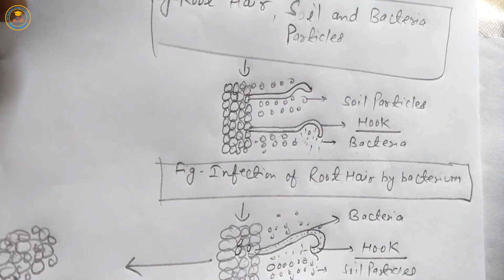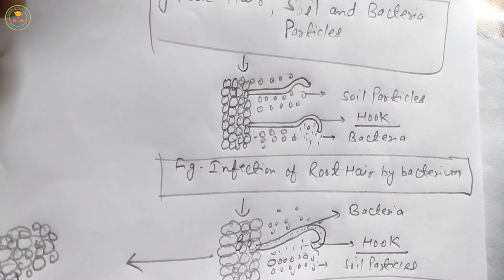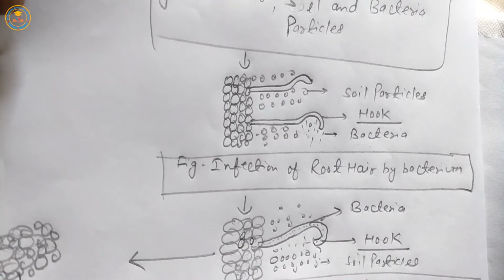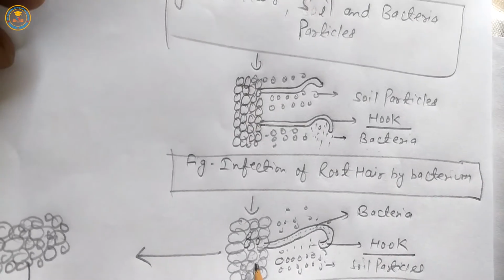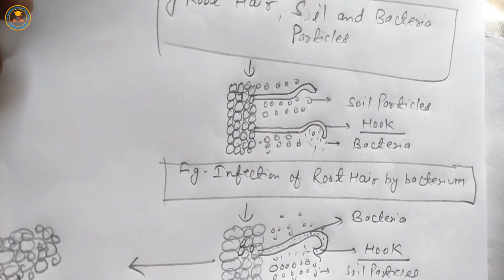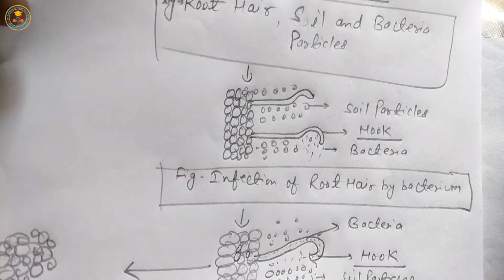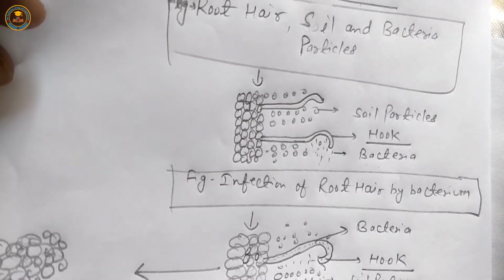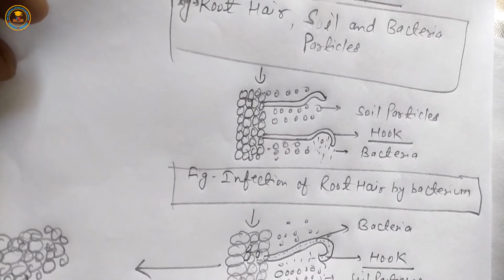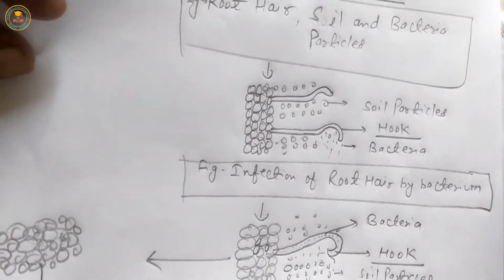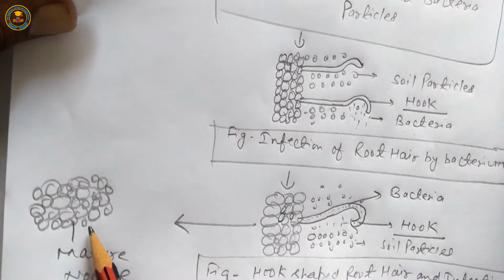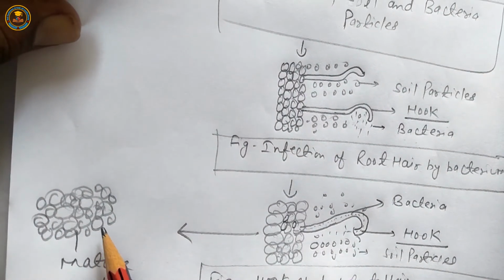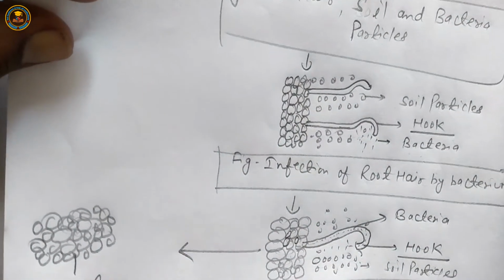Students, a specific acid, indole acetic acid, helps in formation of nodules. Finally, the cortex cells show karyokinesis only. It means replication of DNA. So the cortex cells increase in shape and size and form a tumor-like, nodule-like structure. It is called a mature nodule.